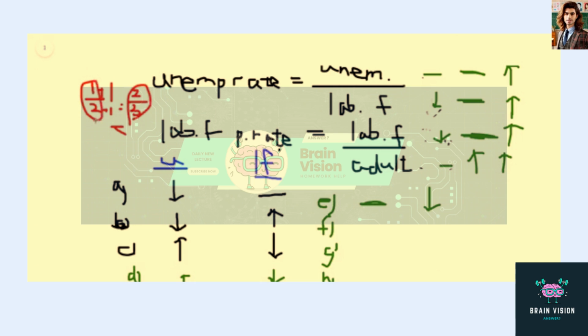So if the numerator and denominator both go up by 1 unit, the number as a whole goes up. So the same here, this number is going to go up. The answer to question F is up and up.